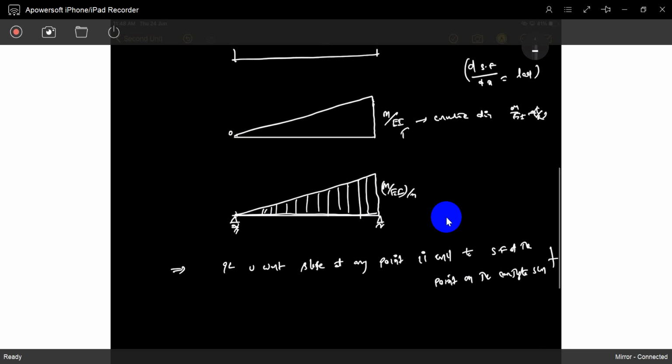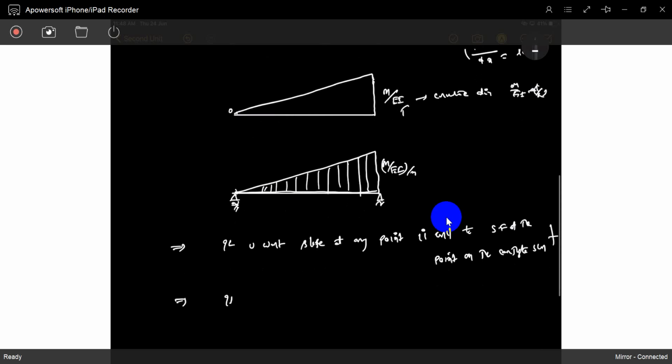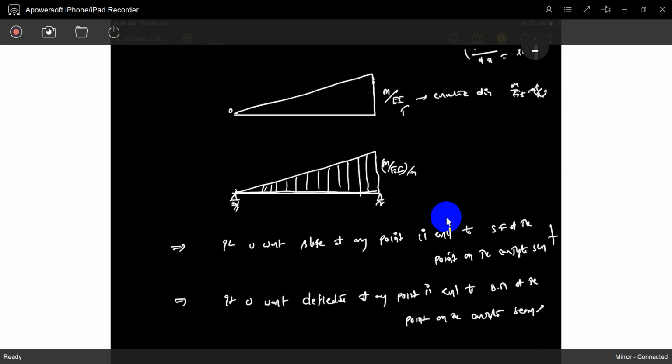If you want a slope at any point, just find the shear force at that point on the conjugate beam. And also deflection: the deflection at any point is equal to the bending moment at that point on the conjugate beam. Those are the two theorems for the conjugate beam.